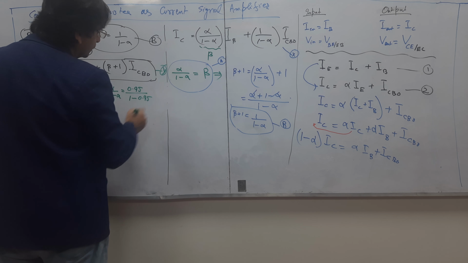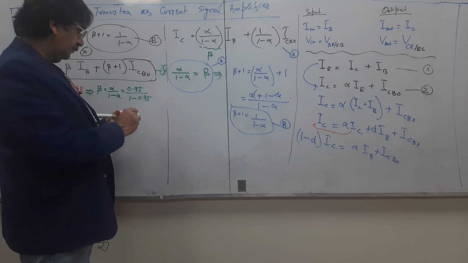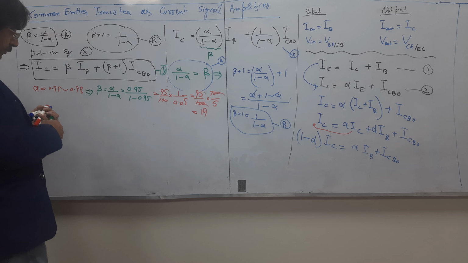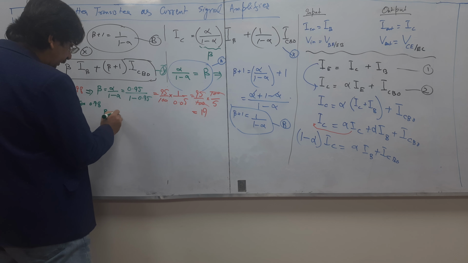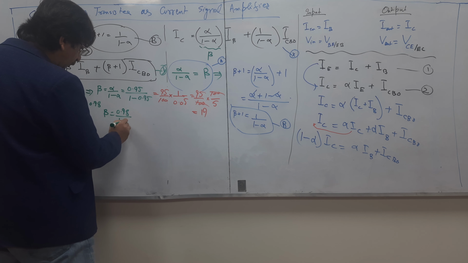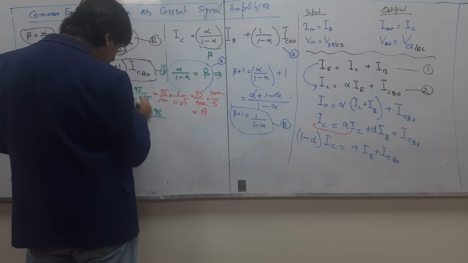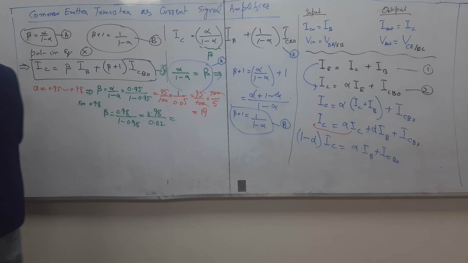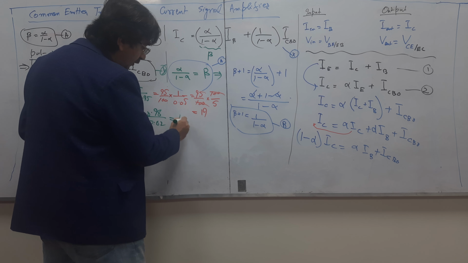0.95 divided by 0.05, that is about 19. And for 0.98, beta will be 0.98 divided by 1 minus 0.98, which is 0.98 divided by 0.02, roughly 49.